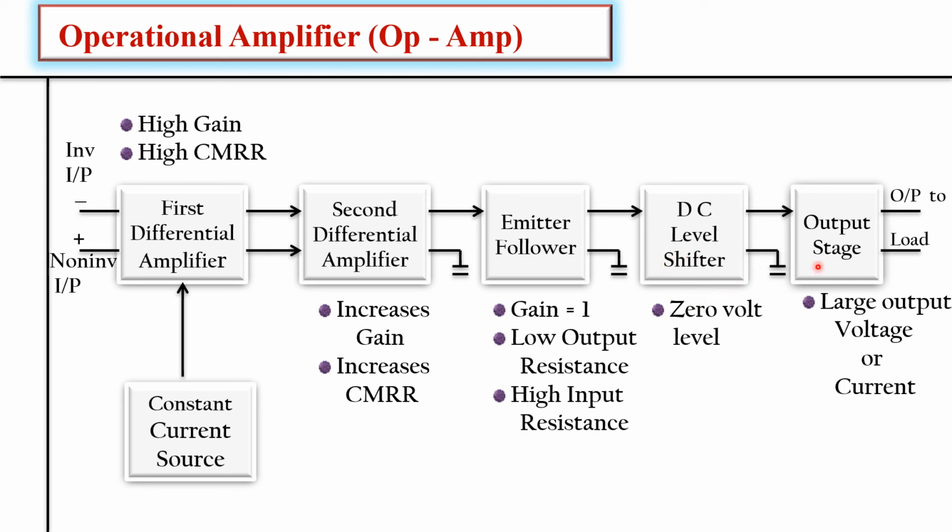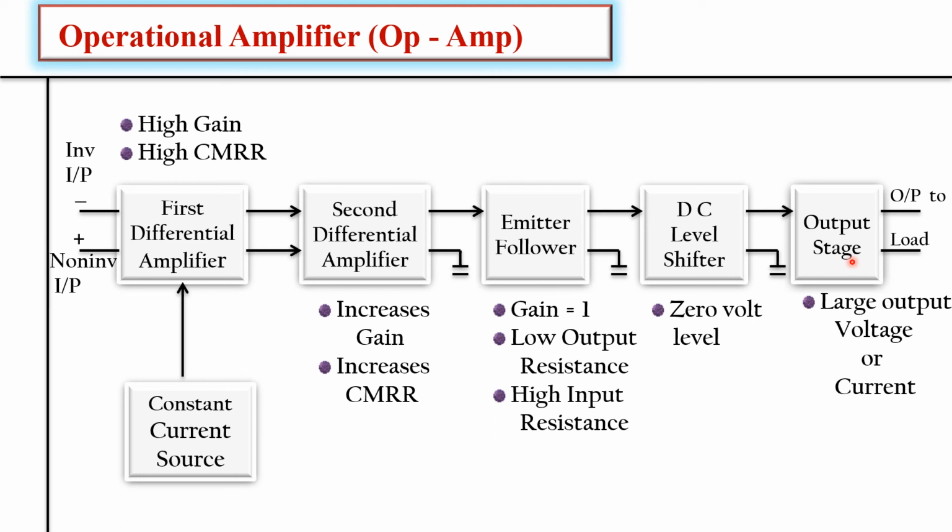The output stage is a push-pull power amplifier. The output impedance of this stage is low. Output impedance should be low, then only it will be provided to the load, right? All the voltage will be provided to the load.